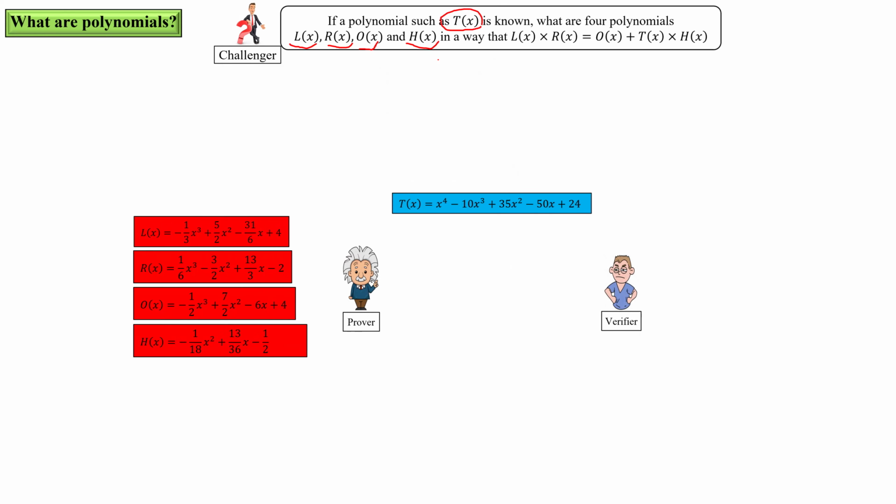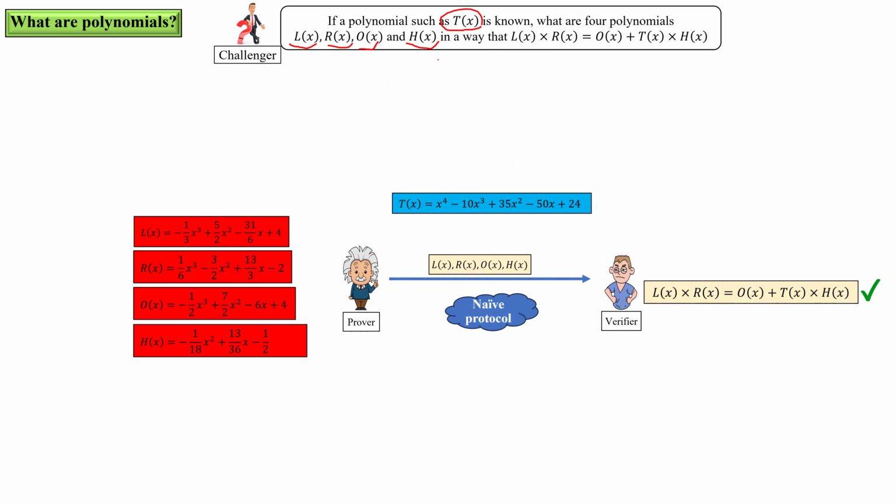Now the prover wants to prove he knows the polynomials to the verifier. So a naive protocol is to send the four polynomials to the verifier, and then the verifier checks whether L of x multiplied by R of x equals O plus T multiplied by H or not, right?